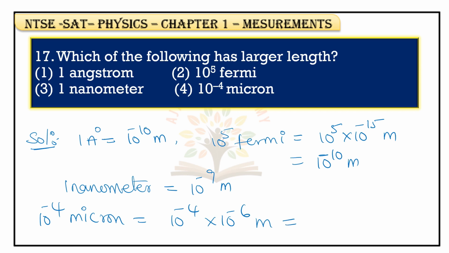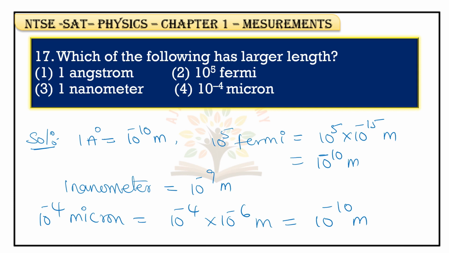So that is equal to 10 to the power of minus 10 meters. So 1 Fermi is equal to 10 to the power of minus 10 meters, 1 Angstrom is equal to 10 to the power of minus 10 meters, 1 nanometer is equal to 10 to the power of minus 9 meters, and 10 to the power of minus 4 micron is equal to 10 to the power of minus 10 meters.